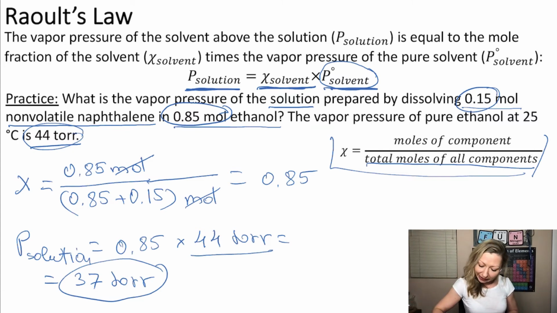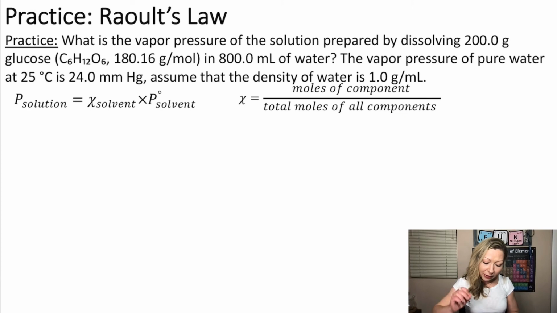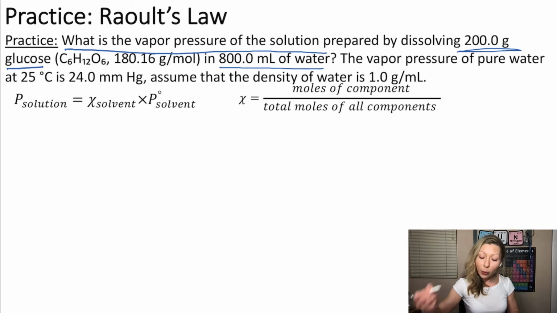Let's do another example. So here we have to calculate the vapor pressure of the solution prepared by dissolving 200 grams of glucose in 800 milliliters of water. We know that the vapor pressure of the pure water is going to be 24 millimeters of mercury at 25 degrees Celsius, and we have to assume that the density of water is 1 gram per milliliter.